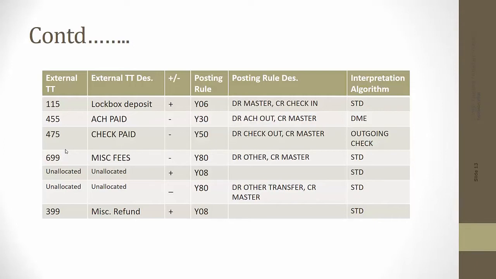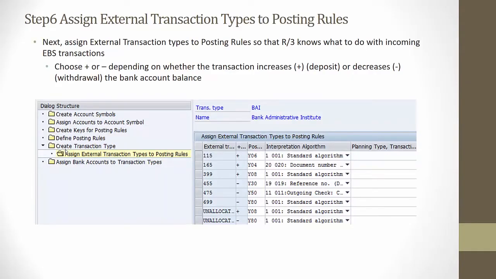So if an EBS row starts with 16, followed by 475, it means this row will provide details of a check paid to the vendor, which will probably have the check number and the amount, and in some cases vendor numbers, and in some cases even the payment document number from SAP is there in the EBS file, and so on.